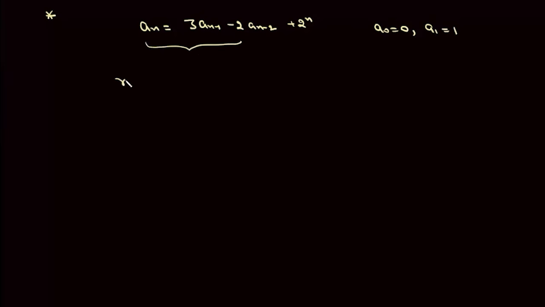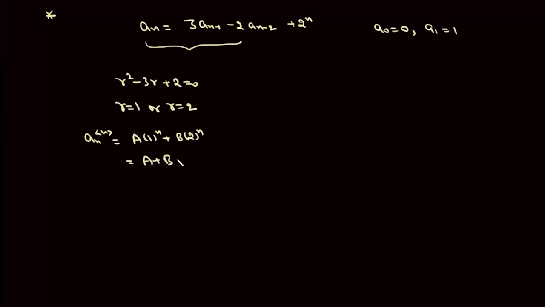So it'll be r² - 3r + 2 = 0. So r is either 1 or r is 2. So its solution will be a·1^n + b·2^n, or we can simply write a + b·2^n.